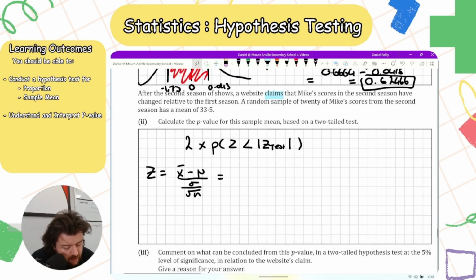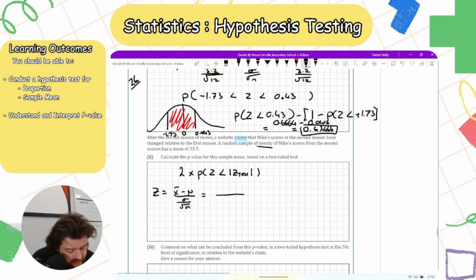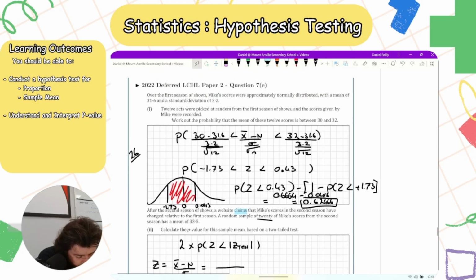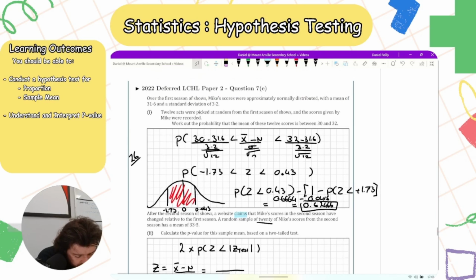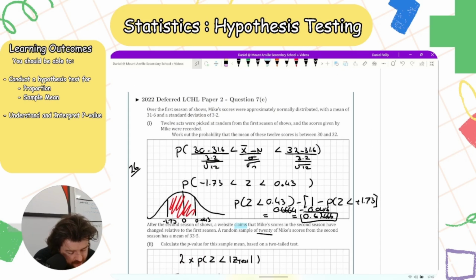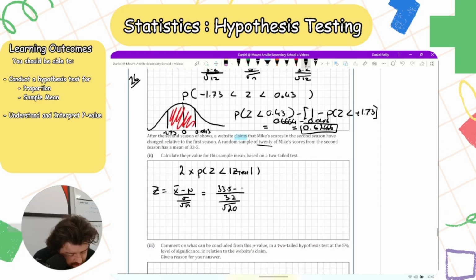So the random sample of 20. And then the standard deviation now would be the same, I think. So standard deviation of 3.2, 3.2 over square root 20. And then x hat here is 33.5 minus 31.6.